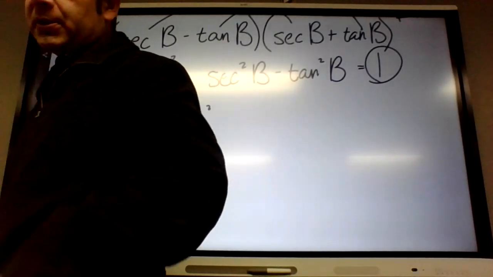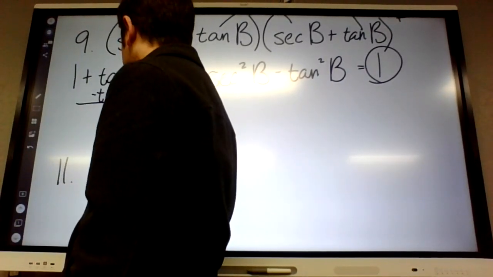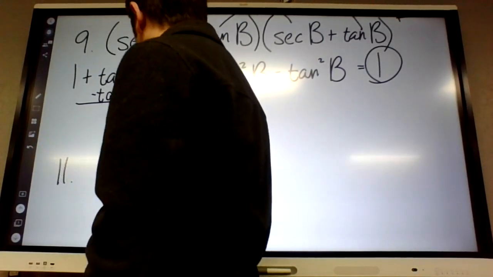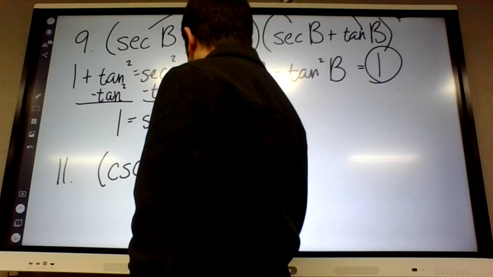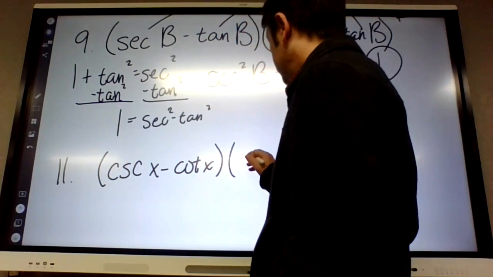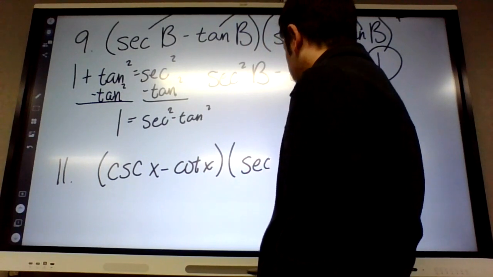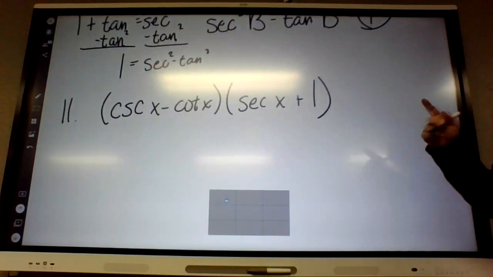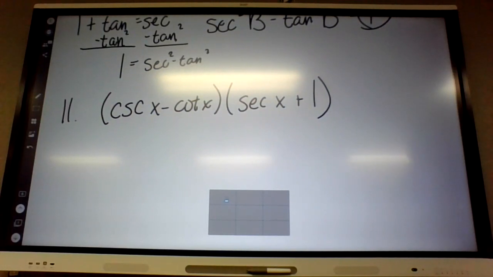Cosecant minus cotangent. What letters are we using? Okay, we could FOIL these.